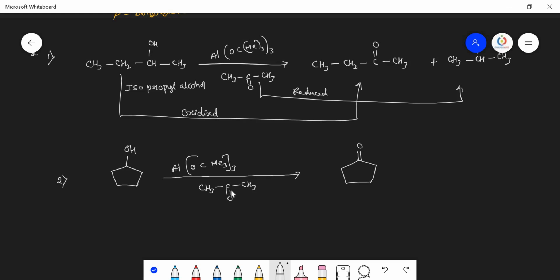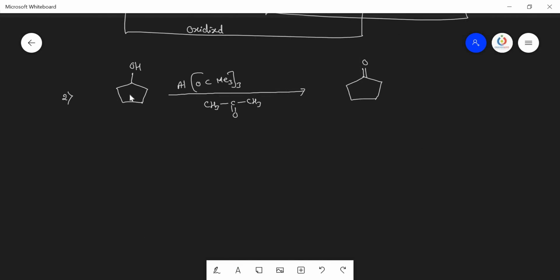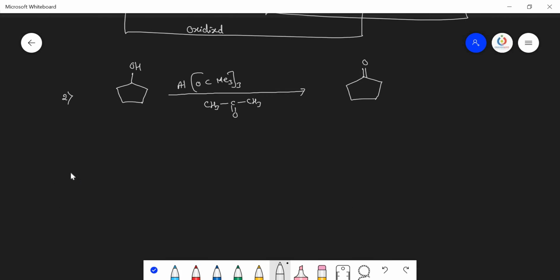Interestingly, you might have observed one thing, that sometimes this ketone they will give here, this secondary alcohol they will give here. So you should not get confused. This catalyst they will give here, like this. Both are same, like CH3, C double bond O, CH3. Why? Because this shall be converted to the alcohol now.